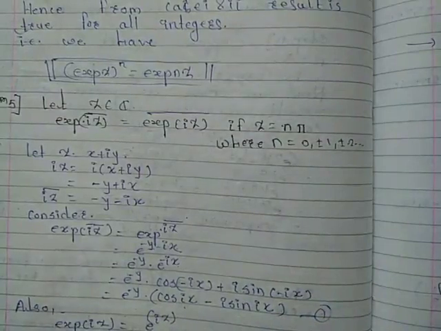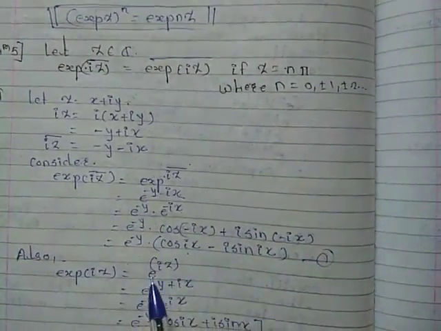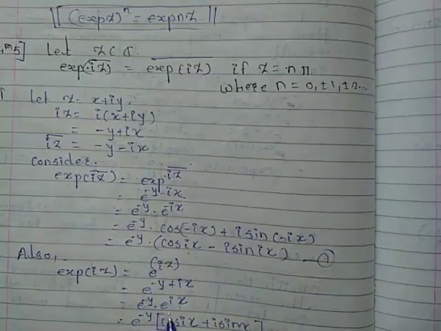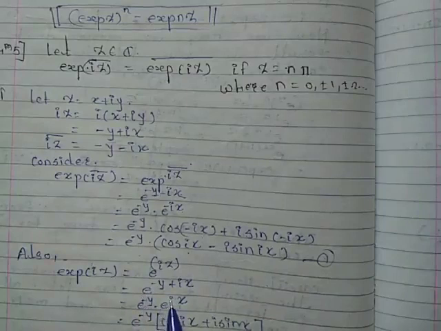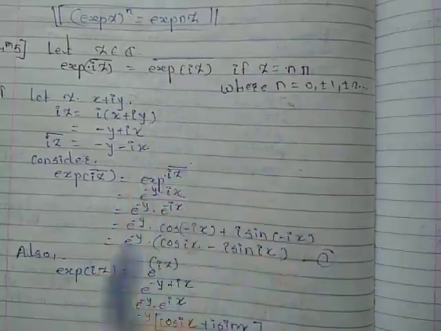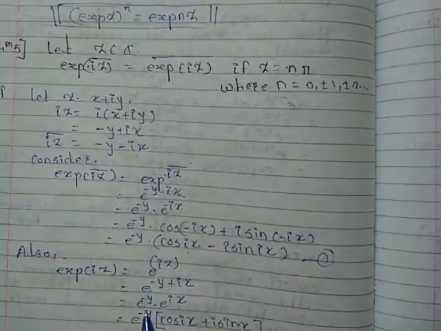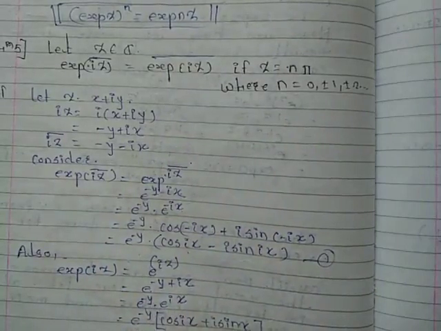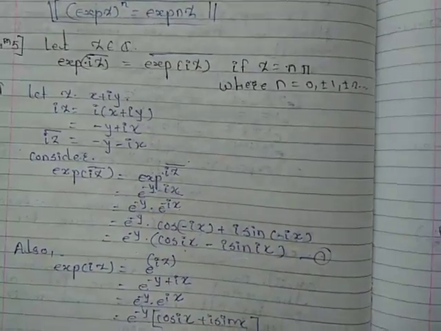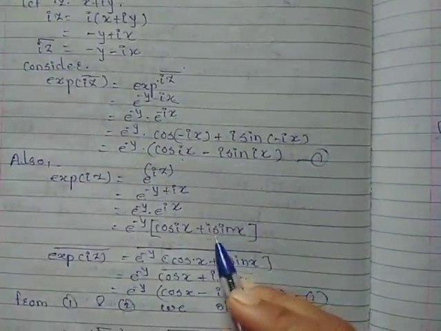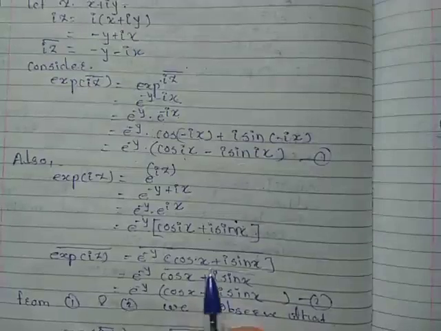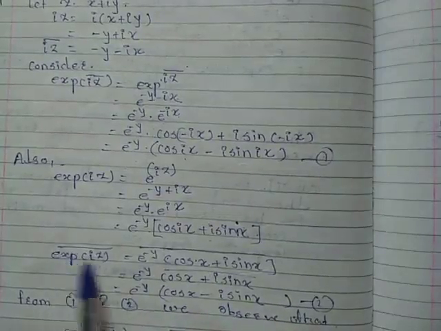Also, exponential of iz can be written as e raised to iz, which is equal to e raised to minus y plus i into x. Here we have calculated, this can be written as e raised to minus y into e raised to ix, which is equal to e raised to minus y into cos ix plus i sin ix. Take the conjugate on both sides.